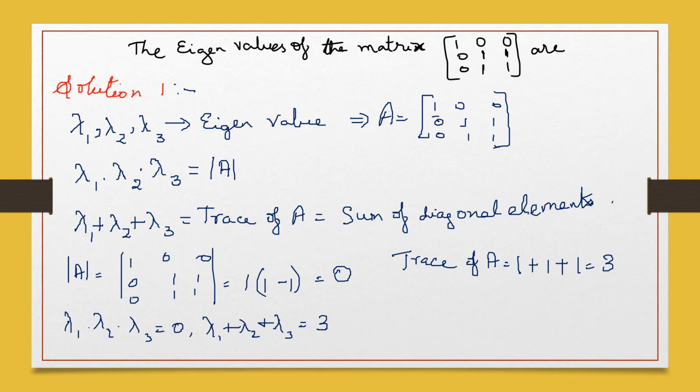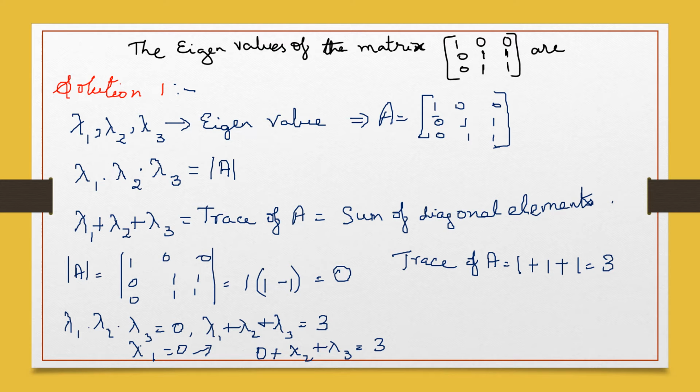From the product, if I bring lambda 2 and lambda 3 to this side, lambda 1 is equal to 0. Now if I substitute lambda 1 equal to 0 here, 0 plus lambda 2 plus lambda 3 is equal to 3. So what are the two values whose sum will give me 3?